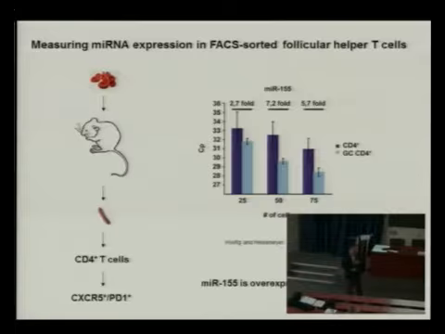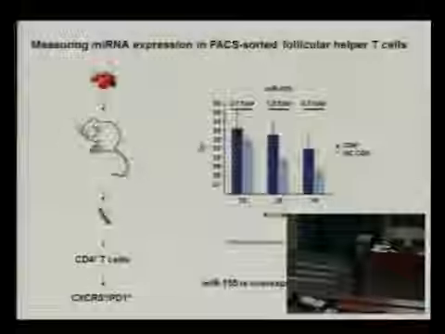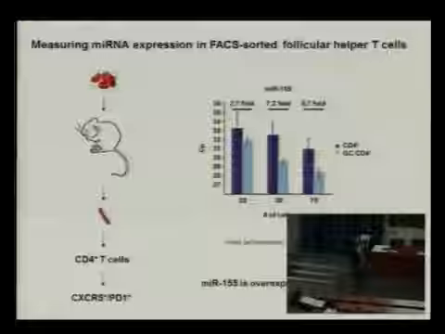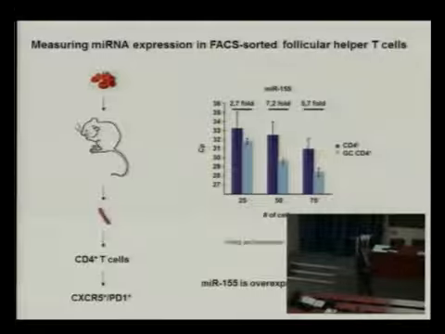So it was kind of expected that this works from our side at this point. But we decided to ask one question that we didn't know the answer to in advance. At that point in time, there was a publication saying that microRNA 155, which is an oncogenic microRNA, is overexpressed during the activation of T cells.